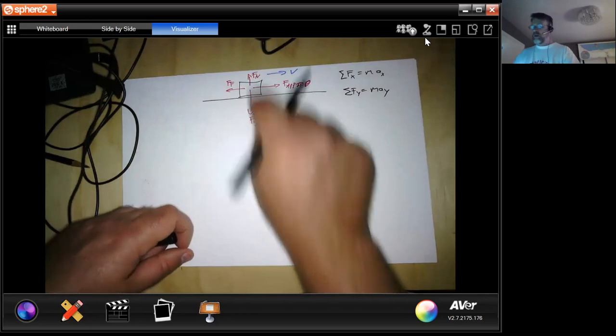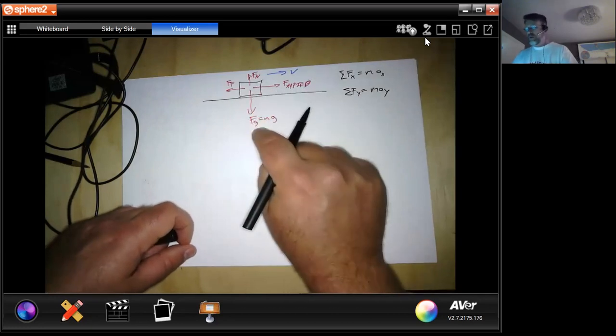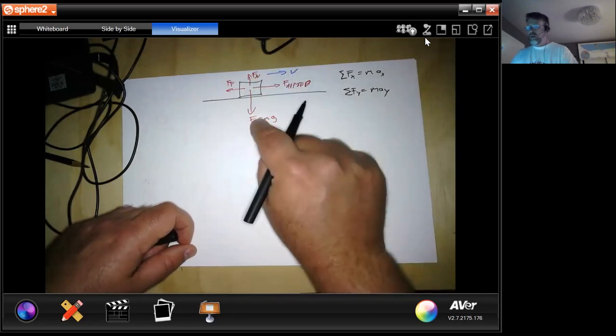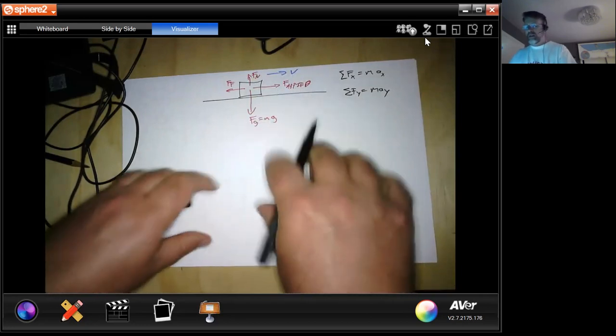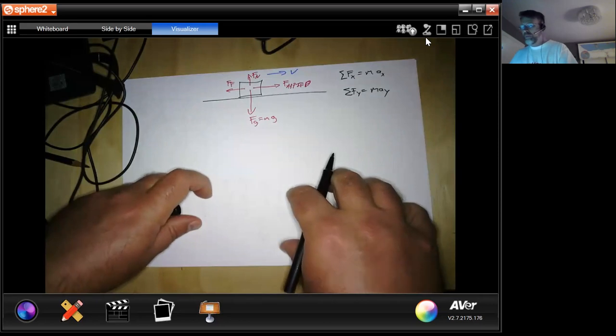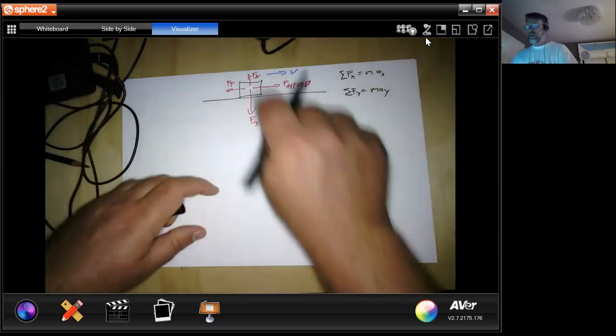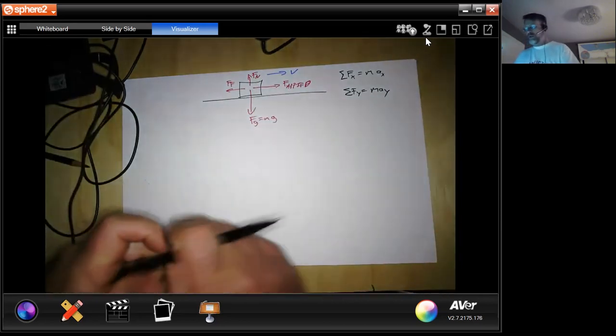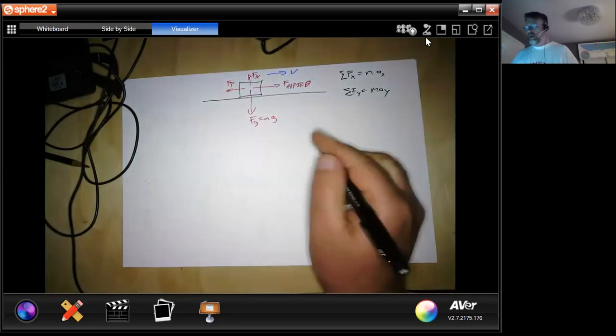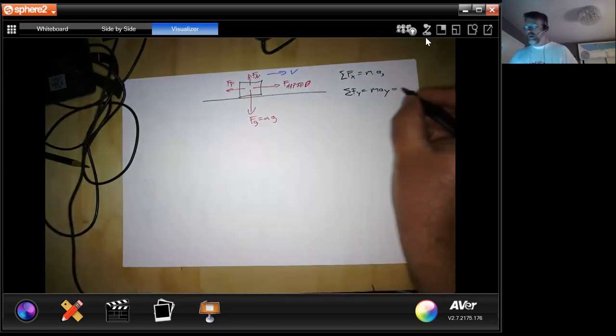Now, it'd be very unusual for these to add up to anything other than 0, okay? Normally, if you put something on a table, it stays on the table. The table does not break. It does not fly off the table. So all of our scenarios we're going to start with, these two are going to add up to 0, okay?